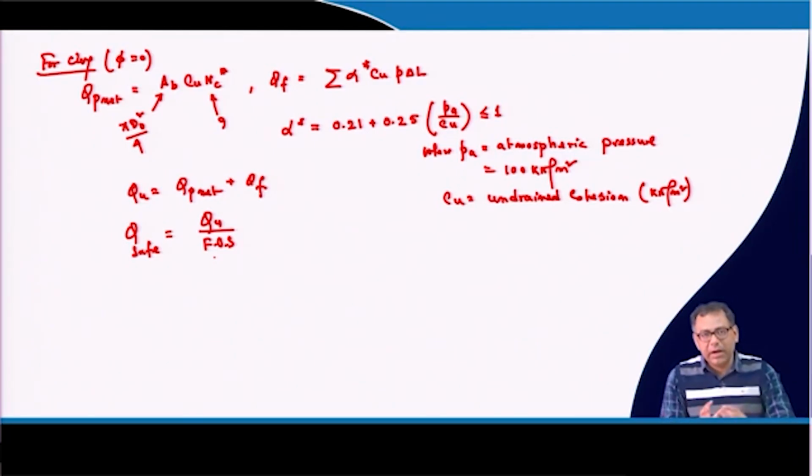So, this way we can determine the bearing capacity of the well in sand as well as in clay, and IS code also gives a direct equation based on the SPT value, by which we can also determine the allowable bearing capacity of the well.